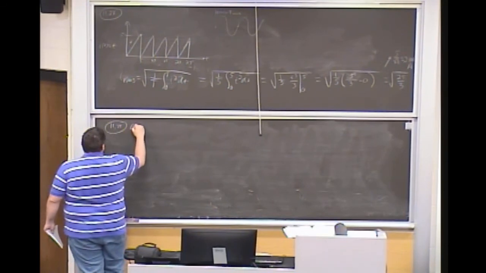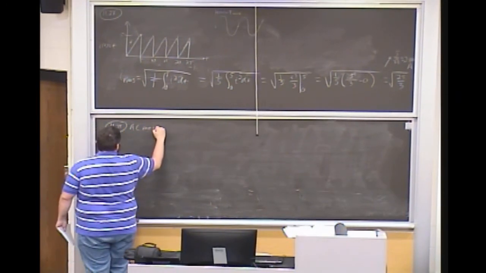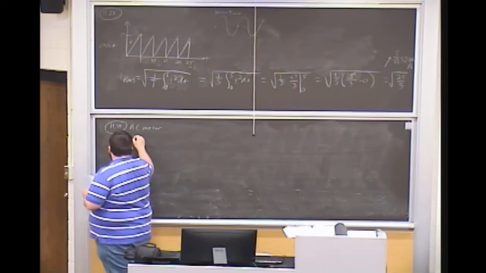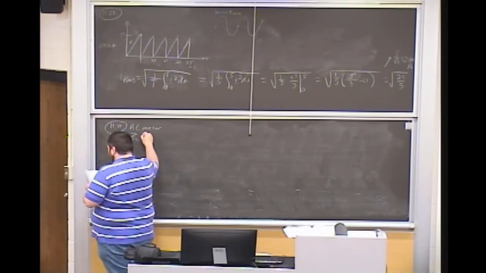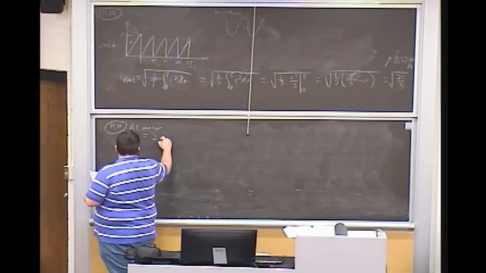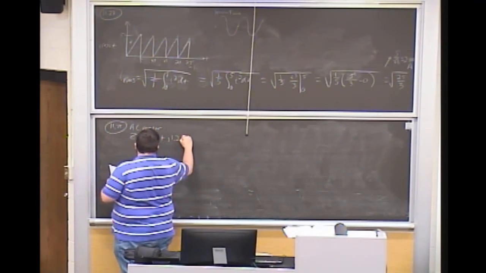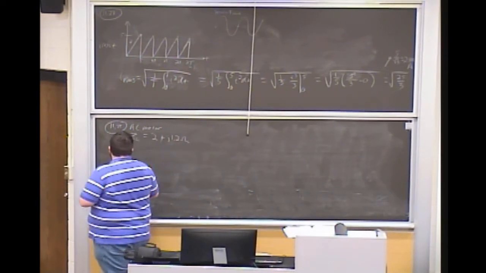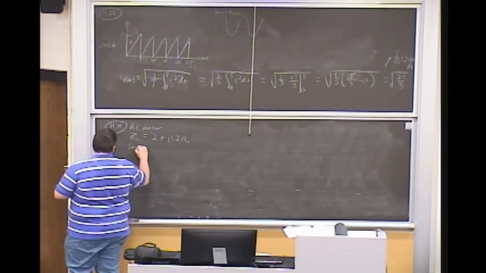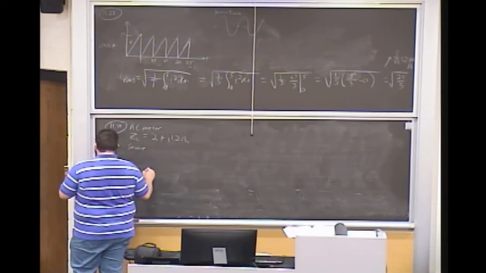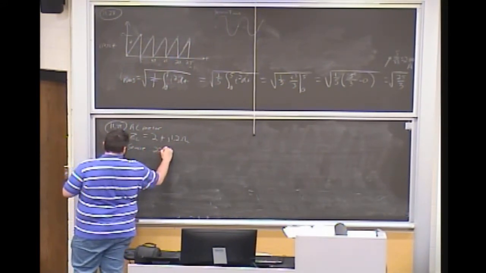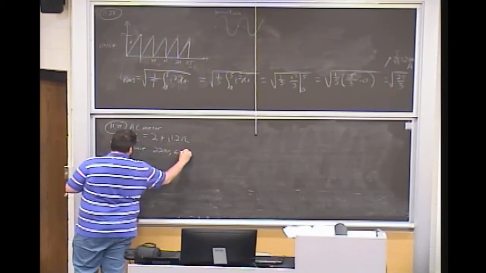You're told you have an AC motor, and in that AC motor, the impedance is 2 plus j times 1.2 ohms, and it's driven by a source that is 220 volts and 60 hertz.